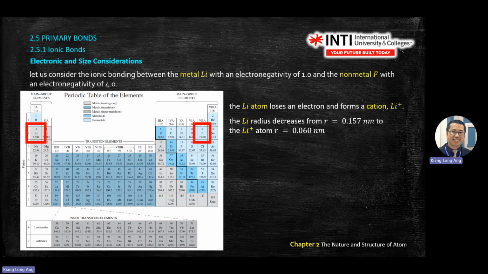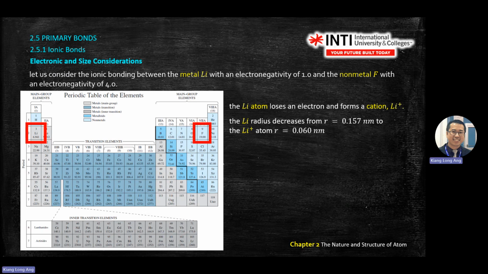The outer shell is not there, so what happens? You know how to write the SPDF already. So when this one lets go, Li becomes positive.